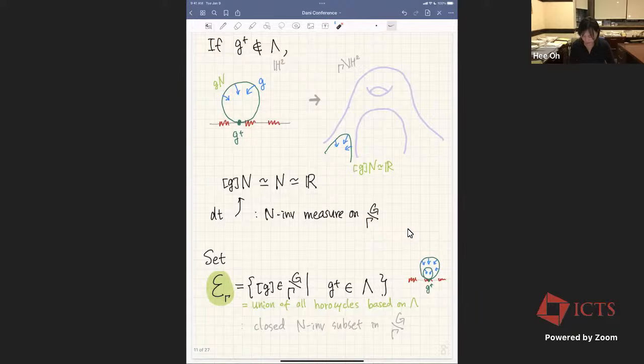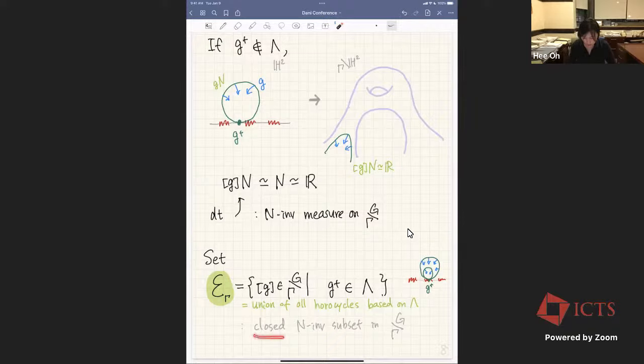In this picture, we have this red part, which is the limit set. Take any point here, and then these are horocycles, and this E sub gamma is simply the union of all horocycles based on the limit set.